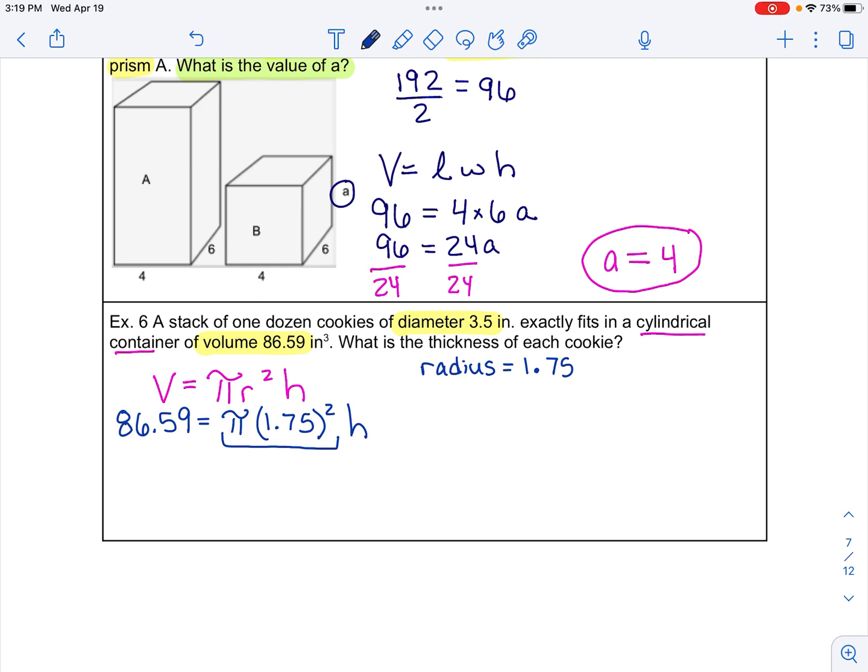So on the left, I have 86.59 was the volume, equals, if I multiply that together, I get about 9.62, and then I still have my h. So that was just multiplying the pi r squared together.